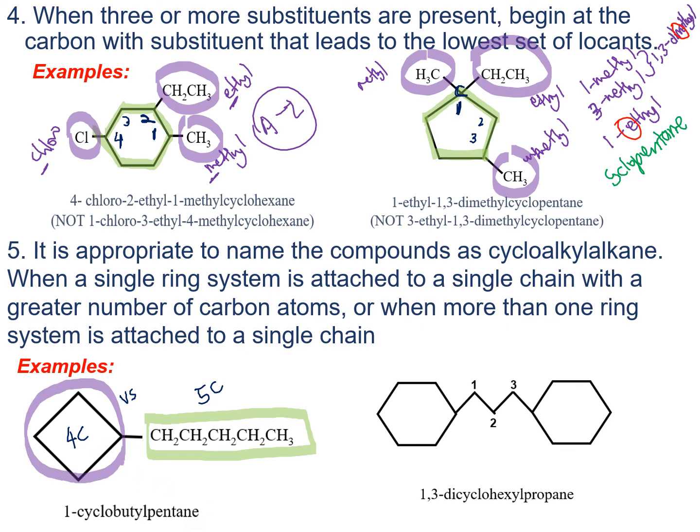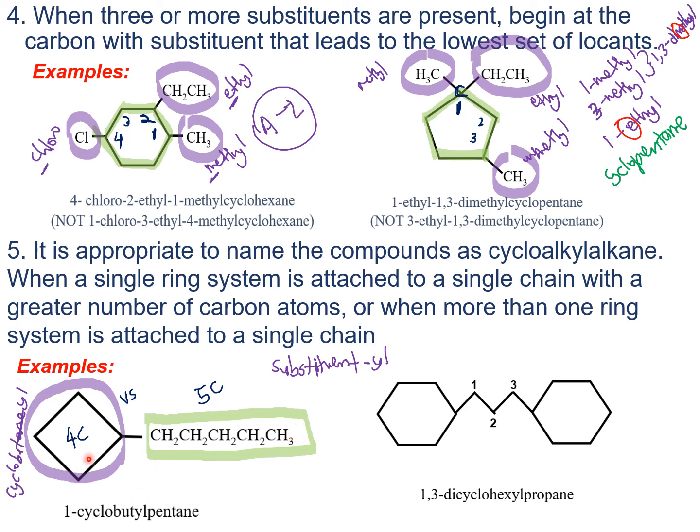Anything that becomes a substituent, you need to put YL at the back. For example, if you name this cycloalkane cyclobutane when it is the parent, once it becomes a substituent, instead of cyclobutane, you remove the ANE and it becomes YL, so cyclobutyl. And the parent here is pentane, because this is the longest continuous carbon chain in this organic compound.